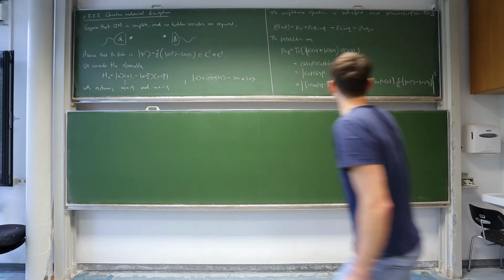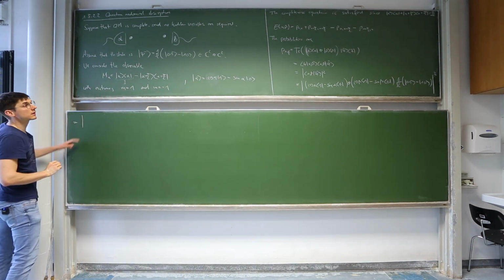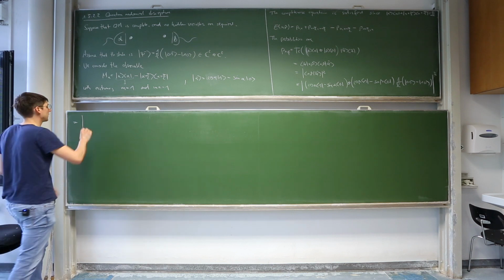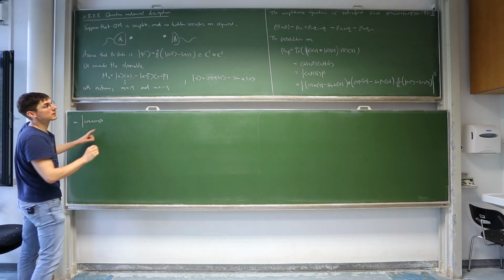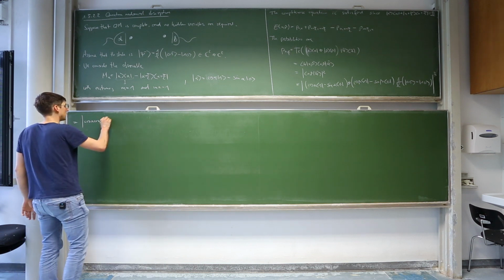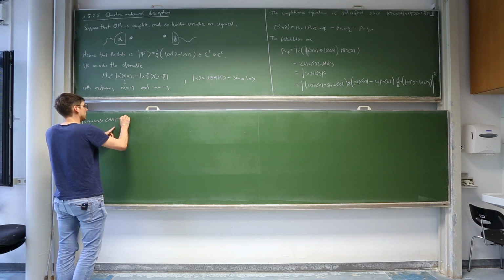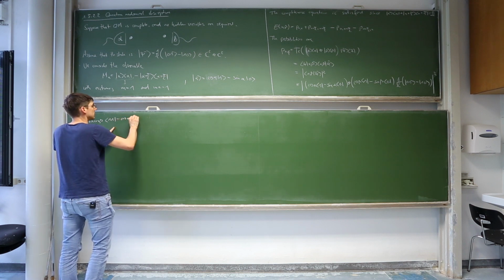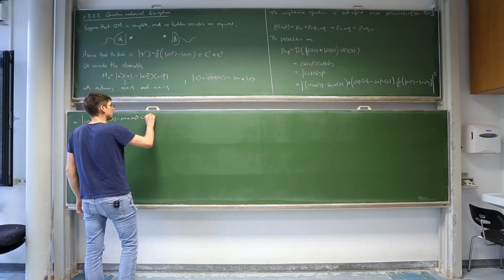Now we multiply the first tensor product. So we have something like cosinus alpha, cosinus beta times 1, 1. And then we have minus cosinus alpha, sinus beta 1, 0.